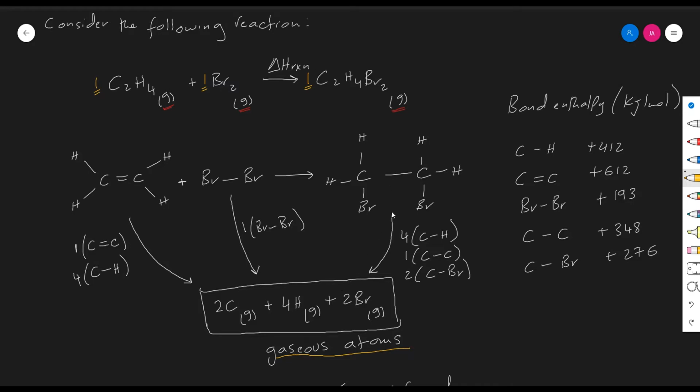But I've done it according to the definition, and I've placed the arrow this way. Thus this arrow represents all the bonds in the products being broken to form the gaseous atoms over here as well. And thus we have 4 moles of C-H bonds, 1 mole of C single bond C, and 2 moles of carbon bonded with bromine over here. And I've linked the cycle.